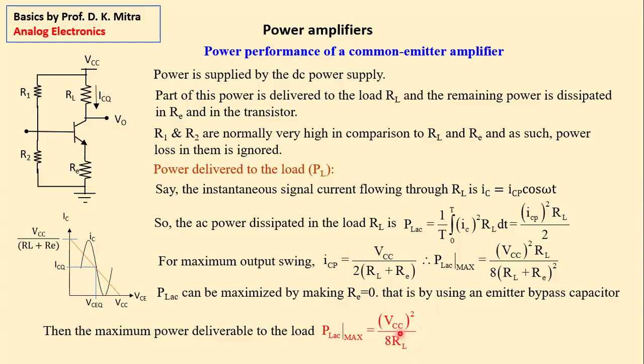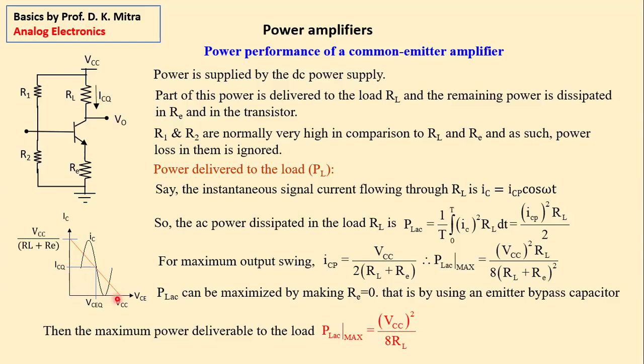Here I should put a caution, because these are theoretical values. When we do the simulation test, we will not be able to get these high values. You learned biasing: if your signal is peak to peak like this, then this region of the transistor output characteristics is nonlinear, and here also. The top and bottom regions are nonlinear.